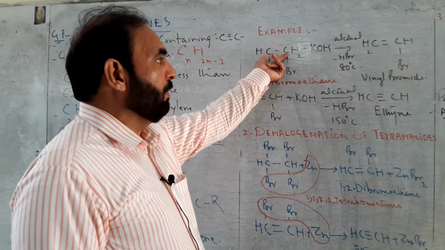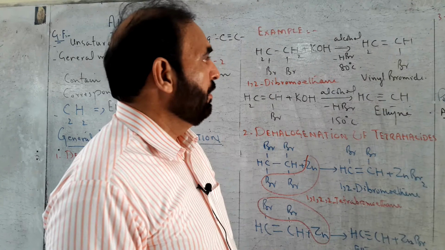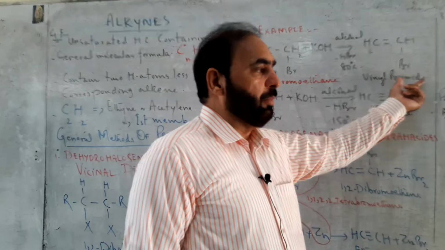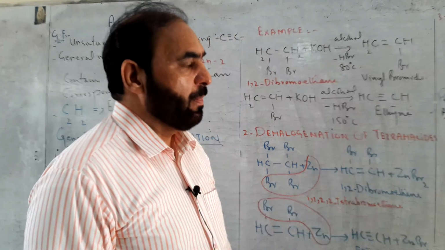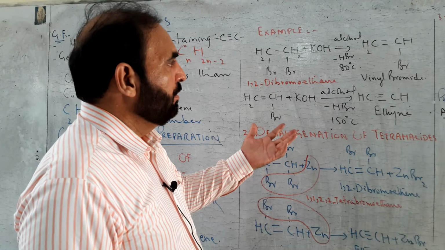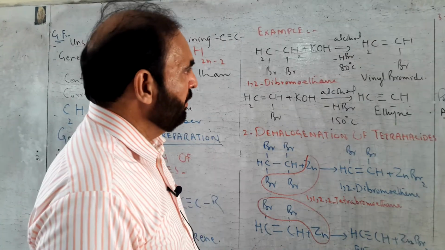And CC single bond is changed to CC double bond. And the product formed is vinyl bromide. Only concerned product is written. The byproducts are not necessary to be written in equation.